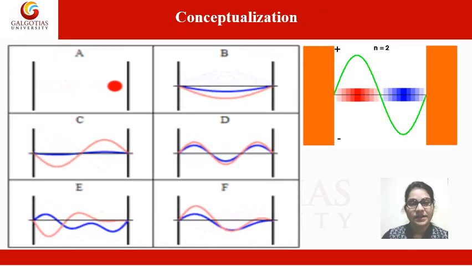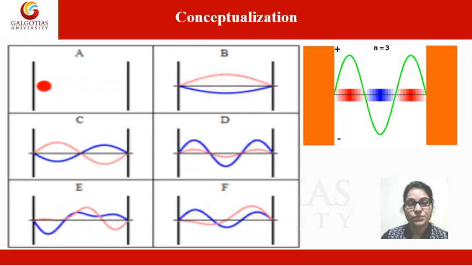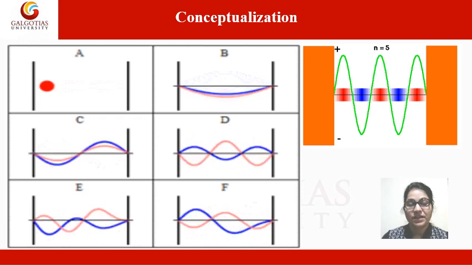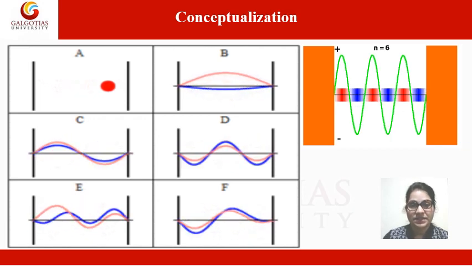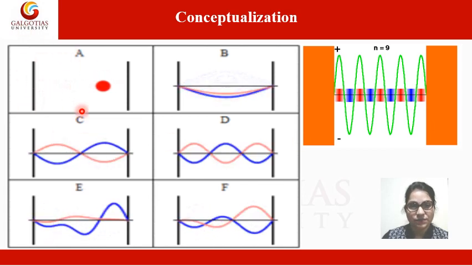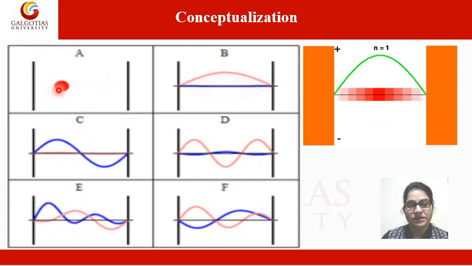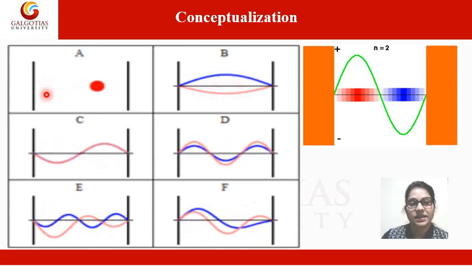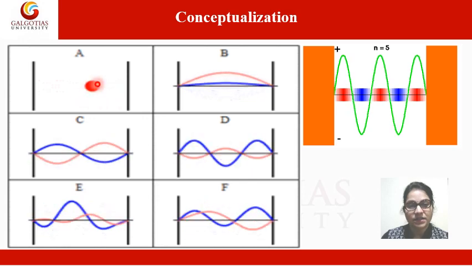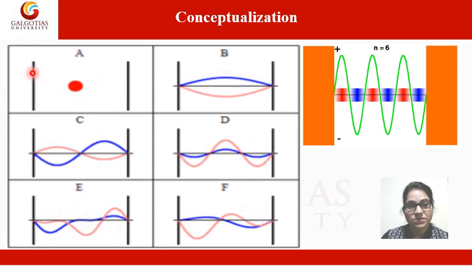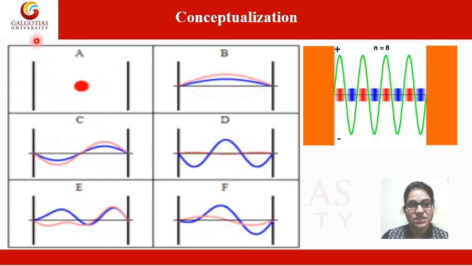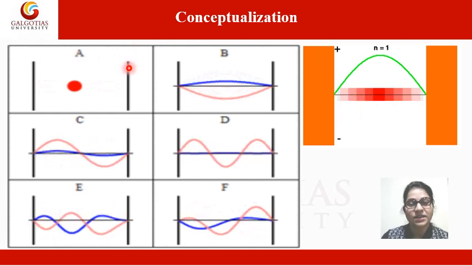So in this slide we are going to visualize what is happening in an infinite square well. If you can see in the figure, there is a particle, and this can be any material particle. Here we are discussing the case of an electron. If an electron is constrained to move in this potential, the walls of the potential are infinitely long.